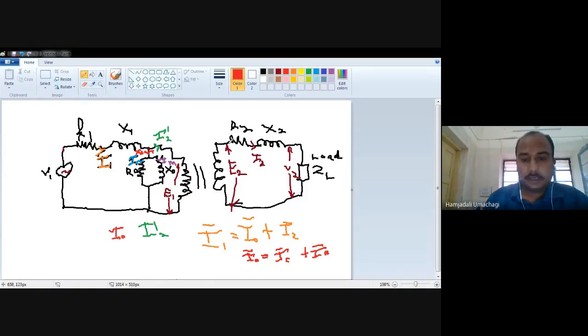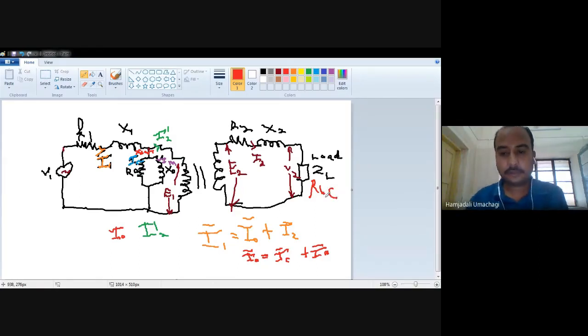Then coming to the secondary winding, it has its own resistance R2, its own reactance X2, and this is the connected load ZL. This load might be a resistive load, or inductive, or capacitive. Anything it can be.